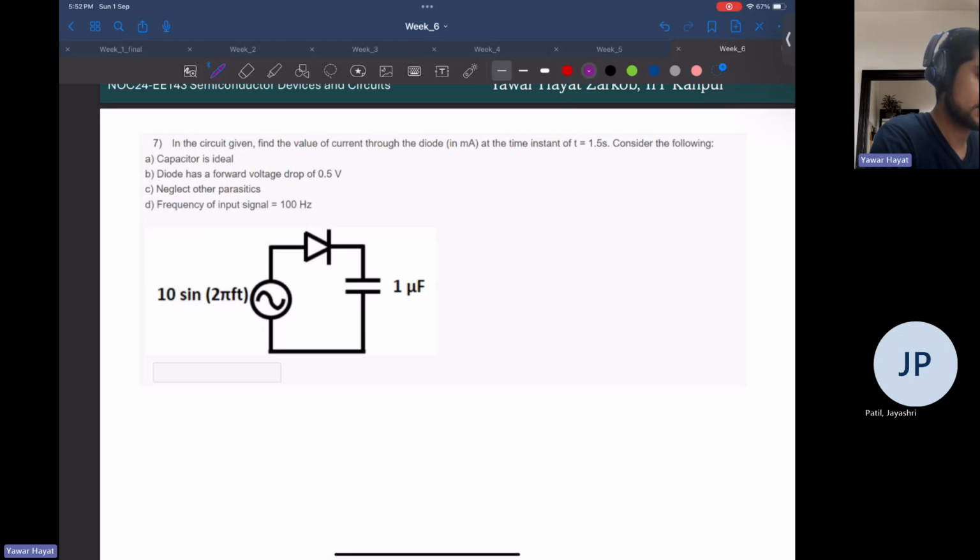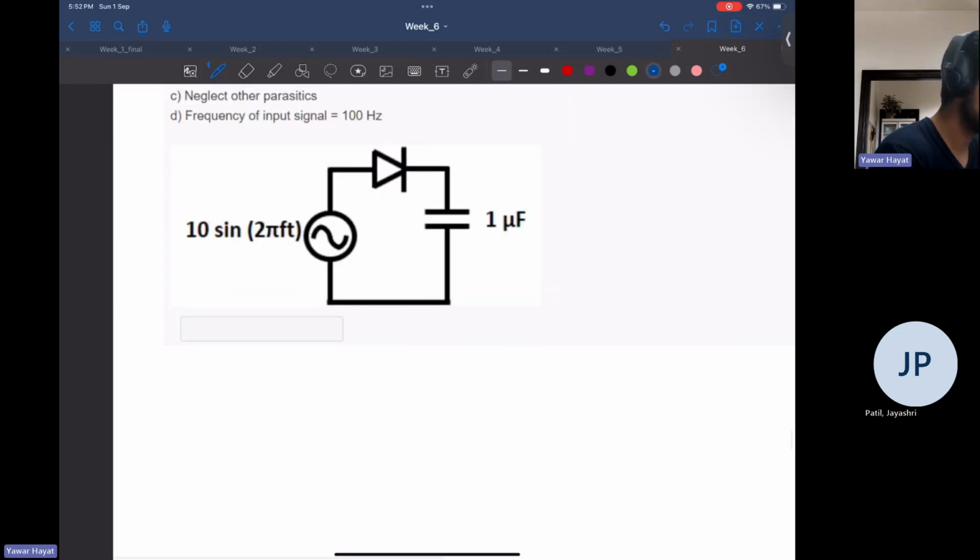This again is a trivial problem. Why? Because again, as we saw in the previous problem, this is a peak detector circuit, right?